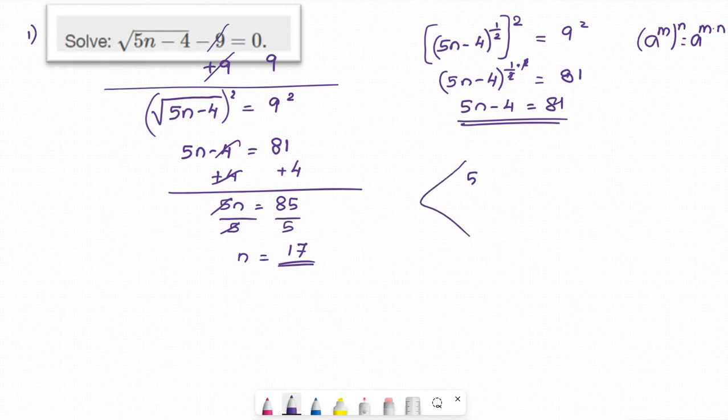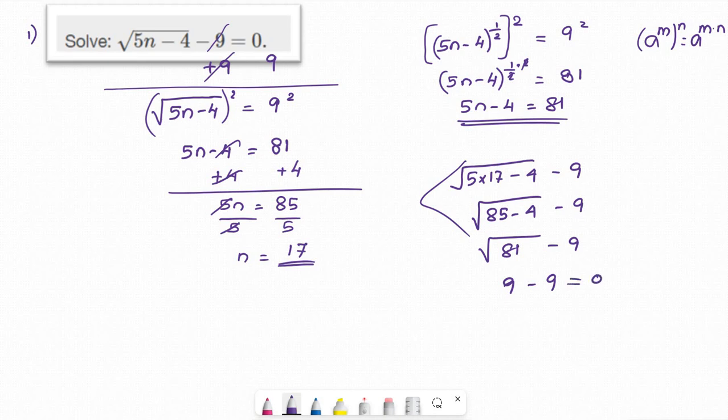So it is 5 times 17 minus 4 inside the radical, and minus 9. Will it be 0 or not? We can check. So it will be 17 times 5, 85, minus 4, that is 81, minus 9. The square root of 81 is 9, 9 minus 9, and that is equal to 0.